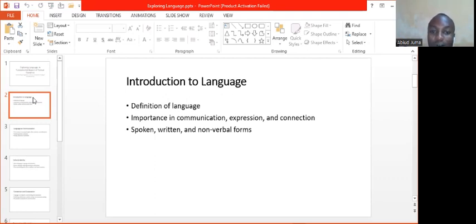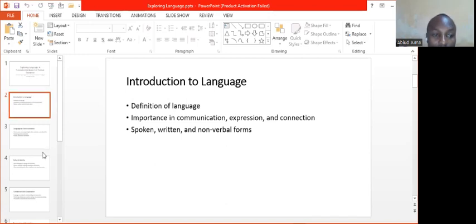It is the passing of information. For example, what we are doing now, because I'm teaching you, I'm passing the communication and the information or the ideas to you as students. And also we have expression, someone can be able to express him or herself, and also it is a connection, because when the language is used, there is a connection between these two people. There is something that they are sharing in common.